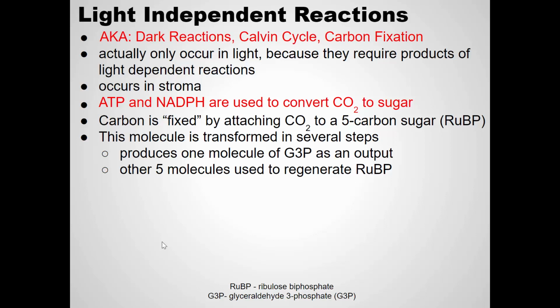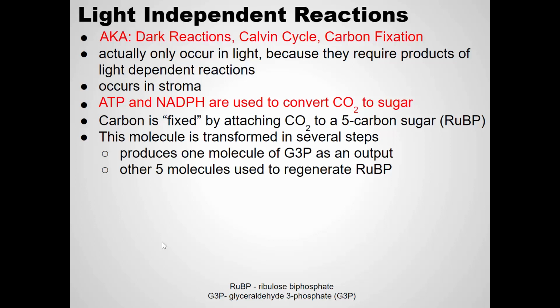This is happening in the stroma. So this is happening in that fluid that fills the chloroplast. And what's happening in the Calvin cycle is those high energy molecules, NADPH, ATP, the energy from them is used to take carbon dioxide and reduce it to 3-carbon sugar, which can be transformed into glucose.